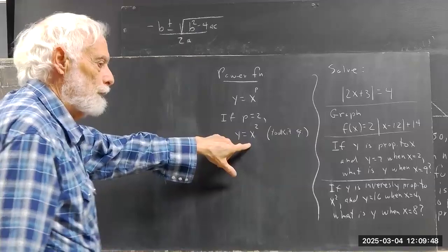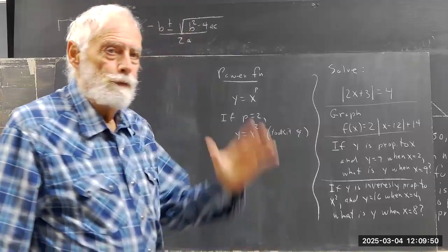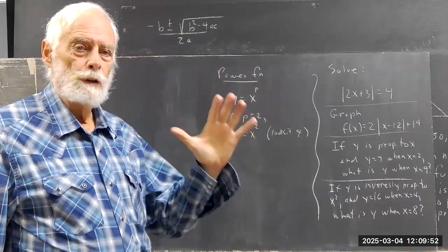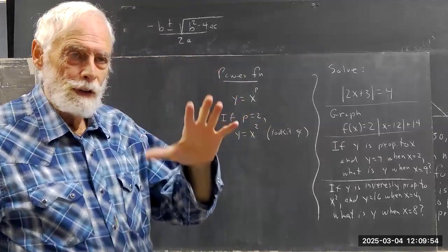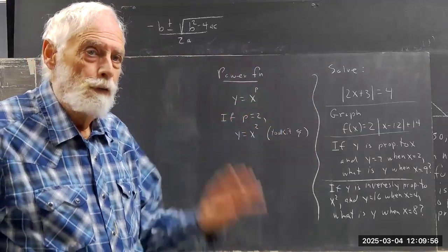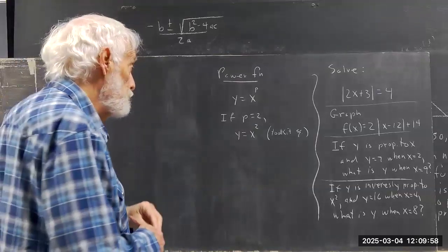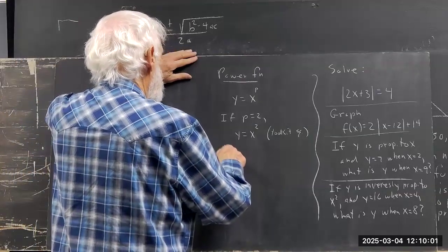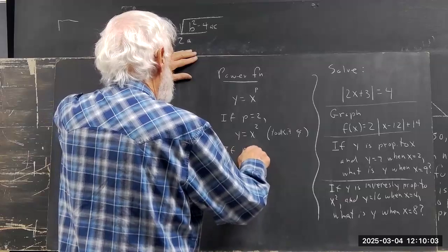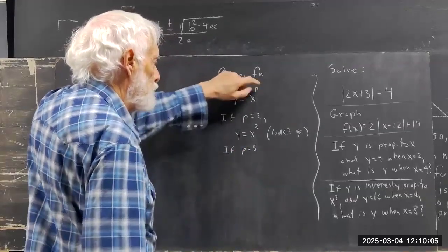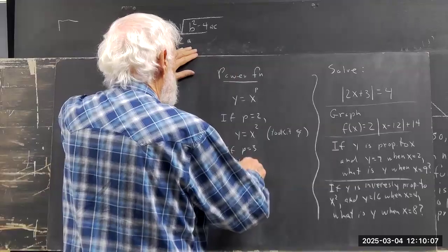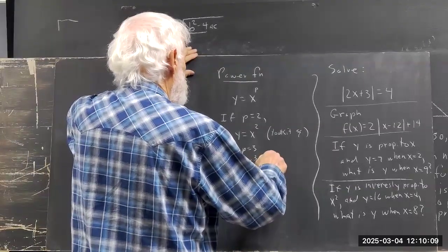So you're familiar with that. Matter of fact, of the 5 main toolkit functions that are given by simple formulas, 4 of them are power functions. The other ones, well, what if p equals 3? y equals x to the p becomes y equals x cubed.